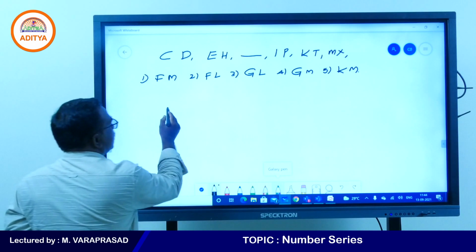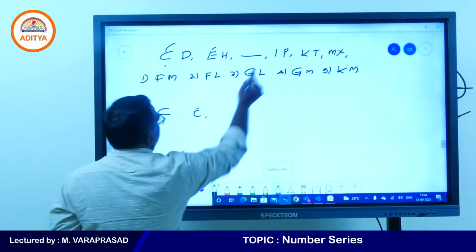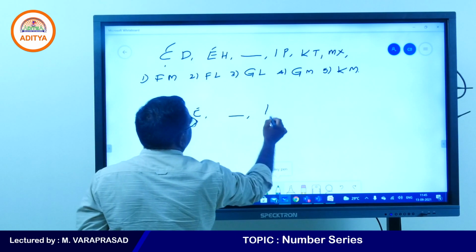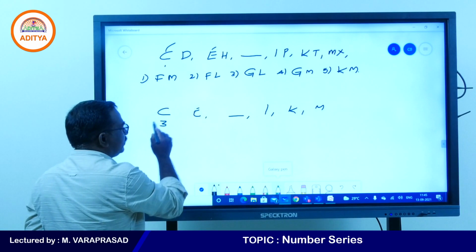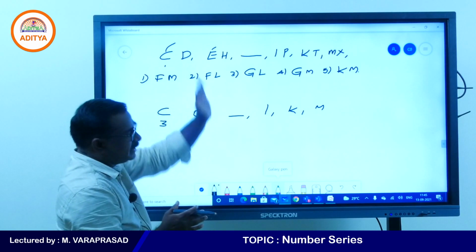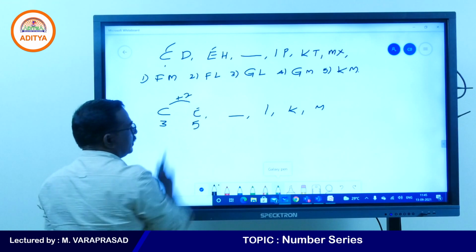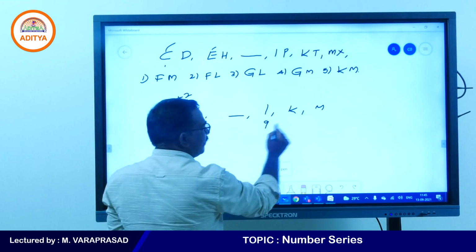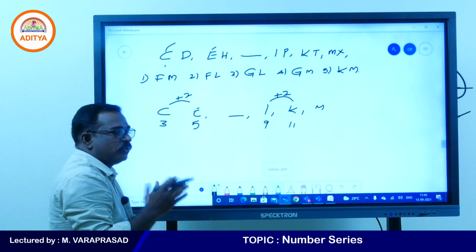See once here, the first letters you take are C, E, question mark, I, K, M. This is the third letter; we are doing only the first letter series. From the third letter to the fifth letter, the difference is +2. Here the 9th letter and 11th letter, the difference is +2. It means a constant difference is going on.